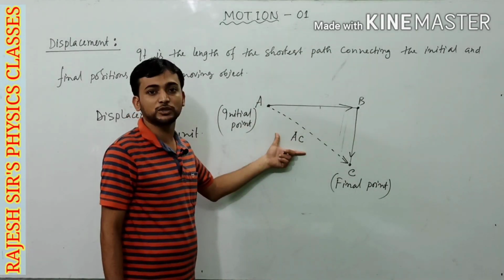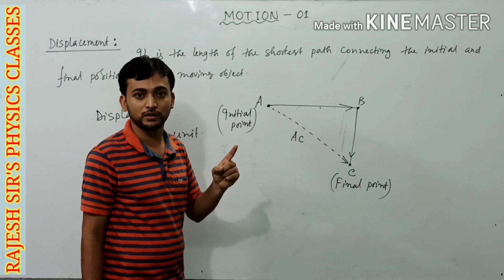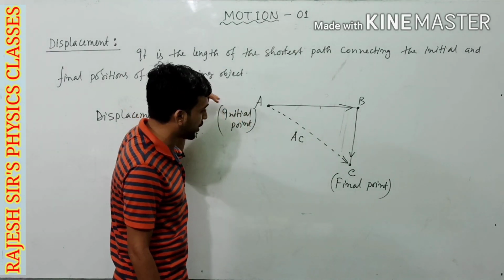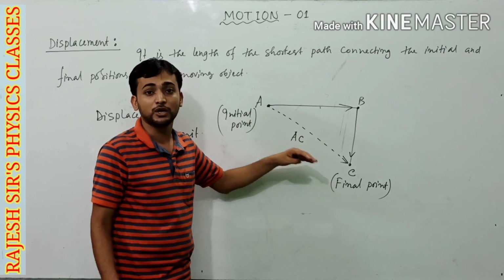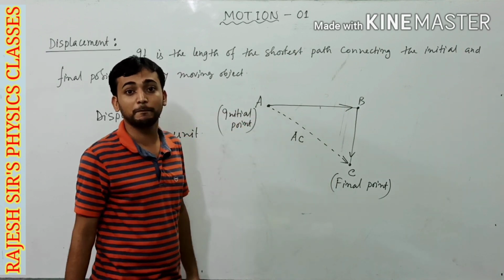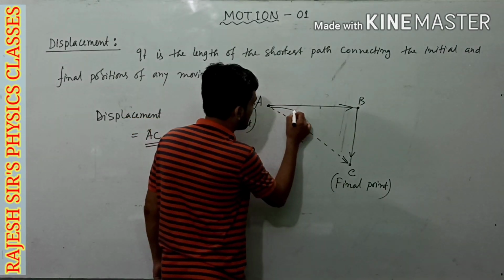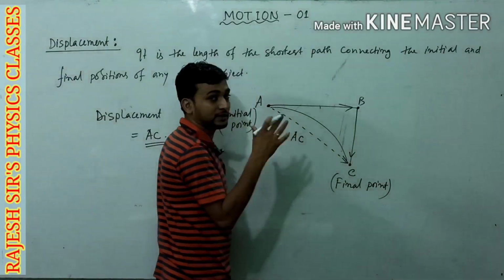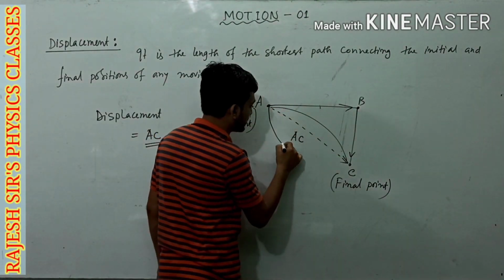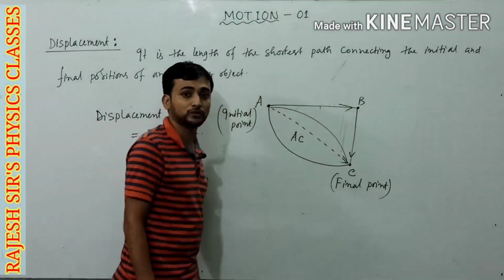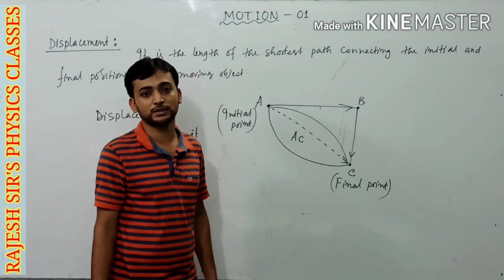There is a specific direction along which you have to measure the distance so that it becomes minimum. If you consider this path, you will not get the shortest one. If you are considering this path, you will also not get the shortest distance.